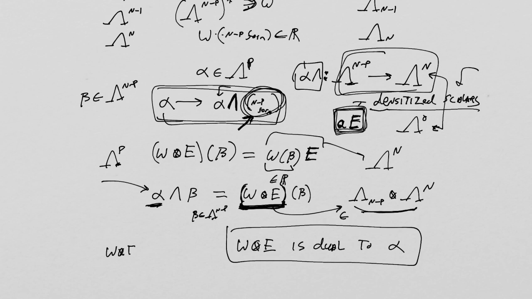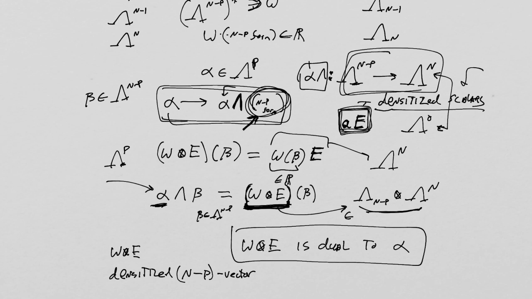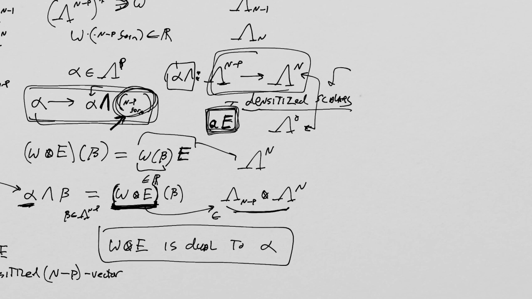Omega tensor product E is a densitized n minus p vector. And so based on this, we can say, I'll write it down, every p form is dual to an n minus p vector densitized.